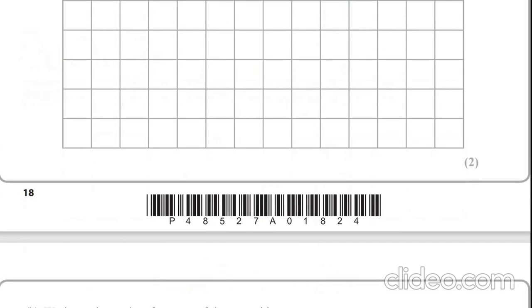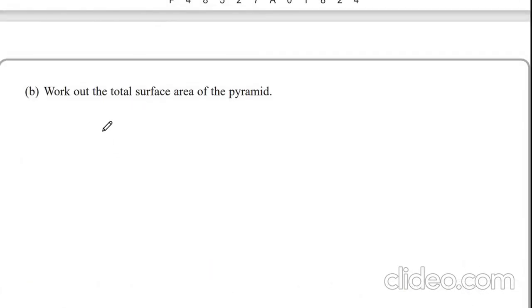So total surface area: half base times height for the triangle, so that's 15, and for the square it is 6 times 6, 36.